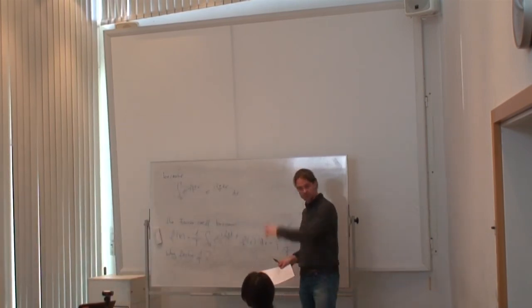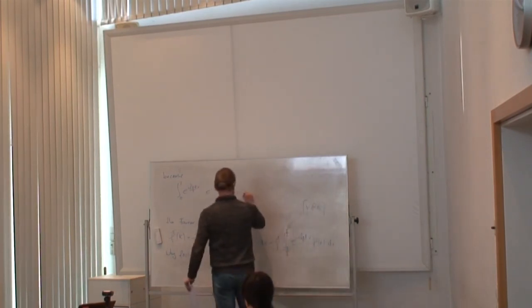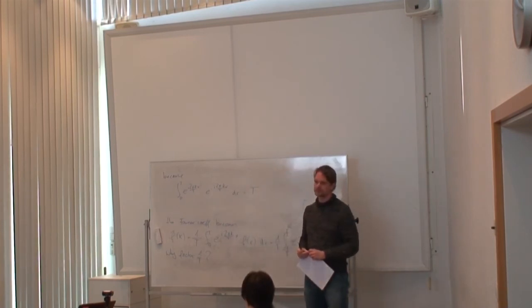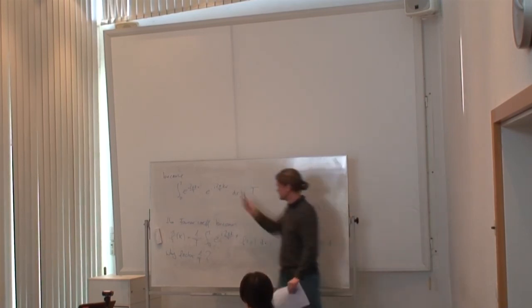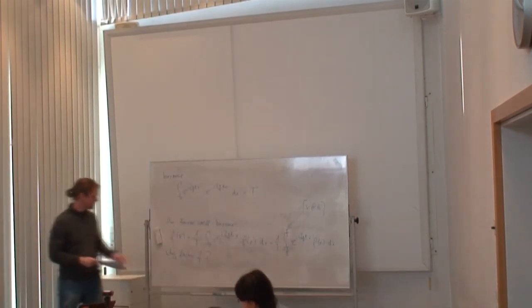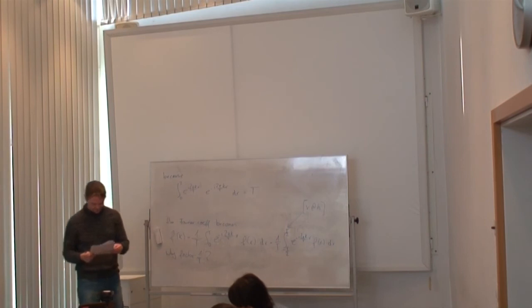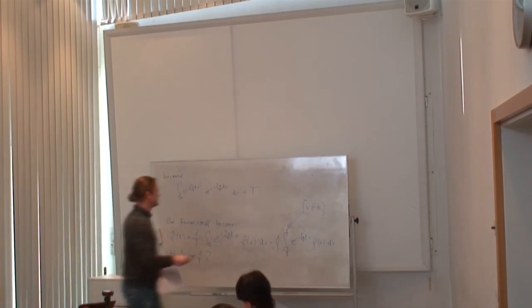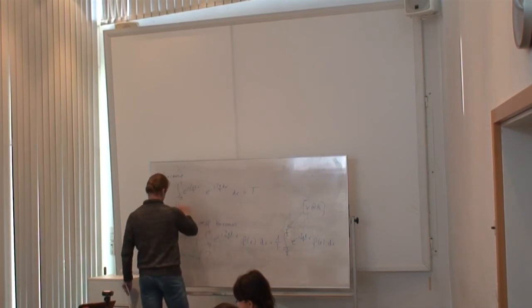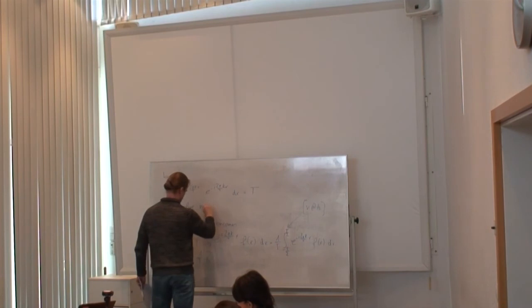We saw that this was 1 a bit earlier. Now this would be T. And this is something we don't like. We want these things to be unit vectors, and so therefore we use this. This is just a normalization.